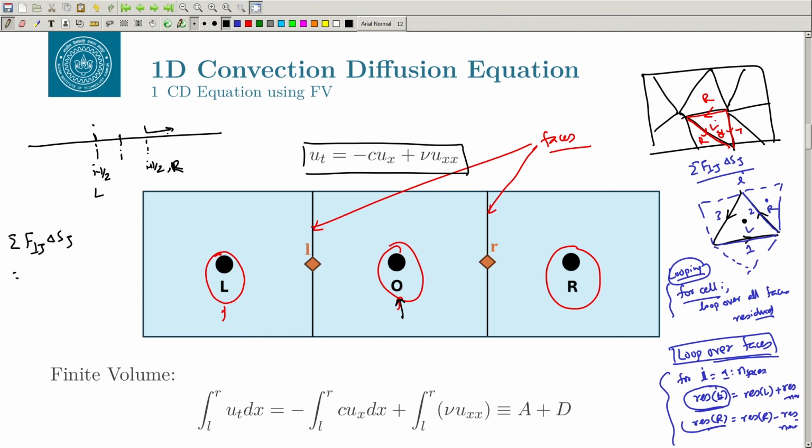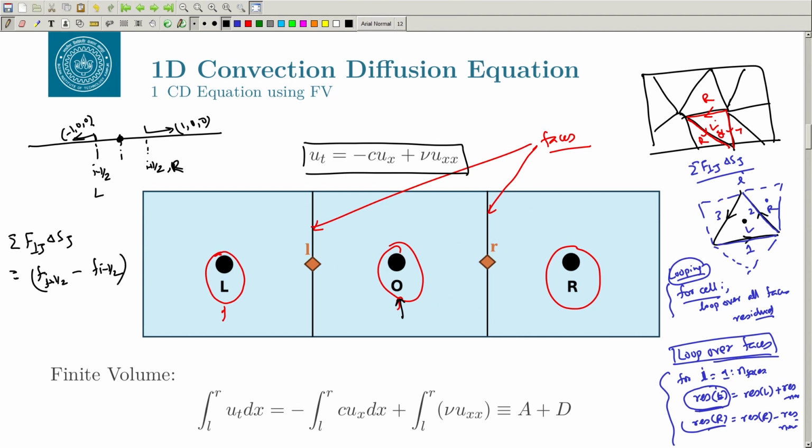Here this normal is positive 1 0 0 for this particular cell i, because the normal always points out in this direction. This will be minus 1 0 0, right, and then if you add that up, basically this is F i plus half minus F i minus half, right. This is for particular cell i.